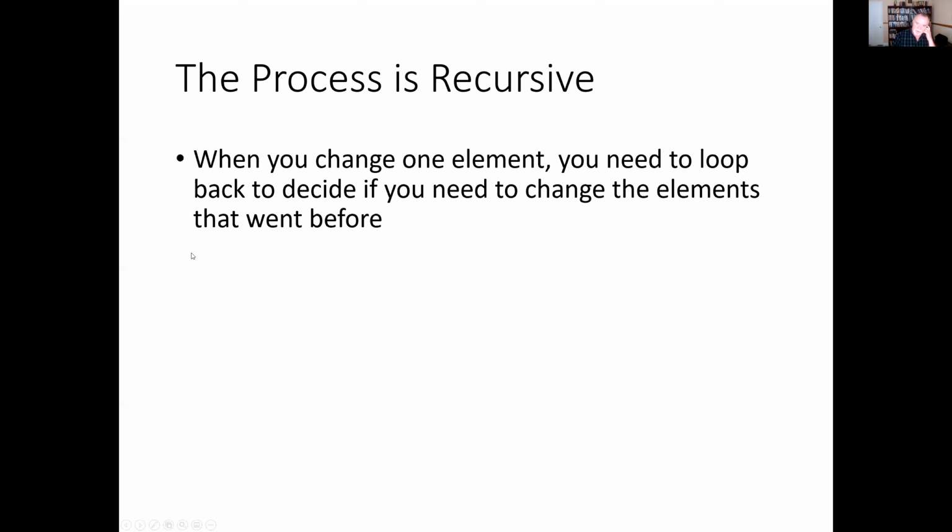The other point is the process is recursive. And I should study this word in both math and linguistics, but it has something to do with not just repeating the same rules, but when you change an element, it changes all the other elements, or could change all the other elements of the design. So you need to loop back to see if you need to change anything.